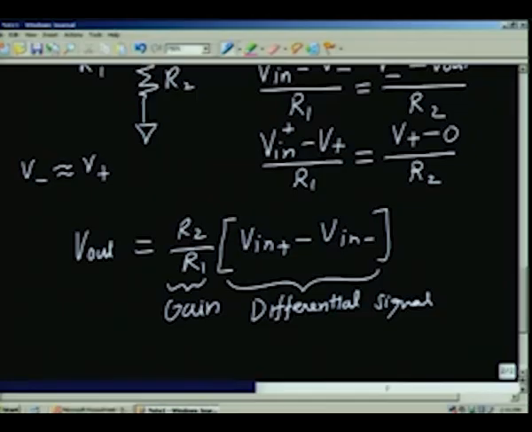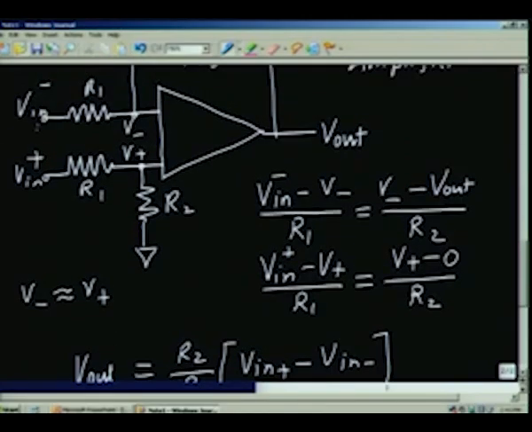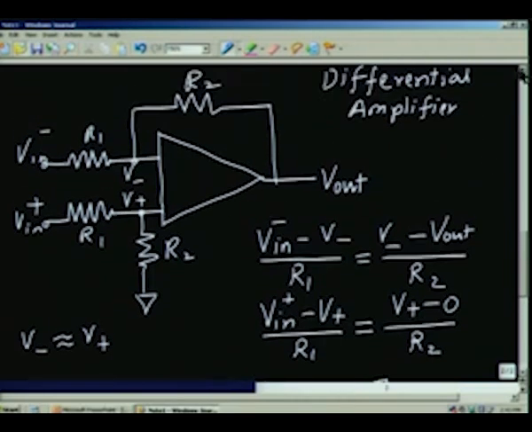A simple analysis which shows that we can use this as a differential amplifier, because it is the difference between the voltages applied, as you saw in the figure here, that the difference in voltage which is going to be amplified, and the output voltage is simply given by the difference in the voltage here multiplied by the gain which is given by R2 by R1, which is simply the ratio of the resistance.